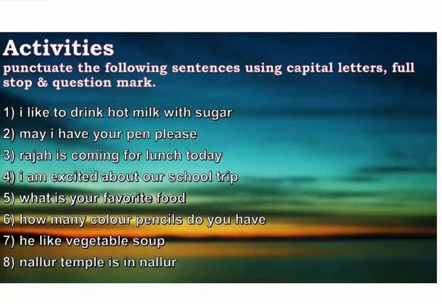Now, let's move to the activity. It's activity time. Punctuate the following sentences using capital letters, full stops and question marks. It's a very easy one. Please do this activity.